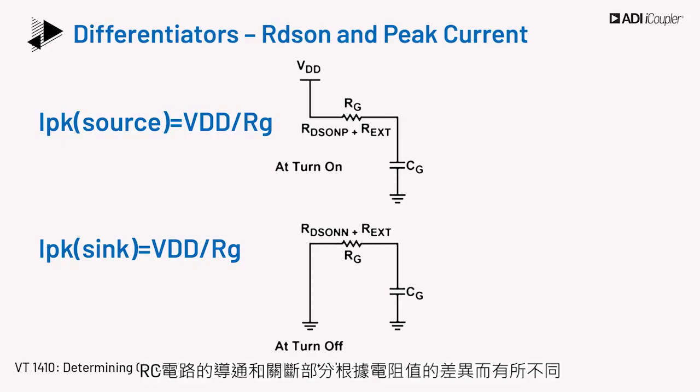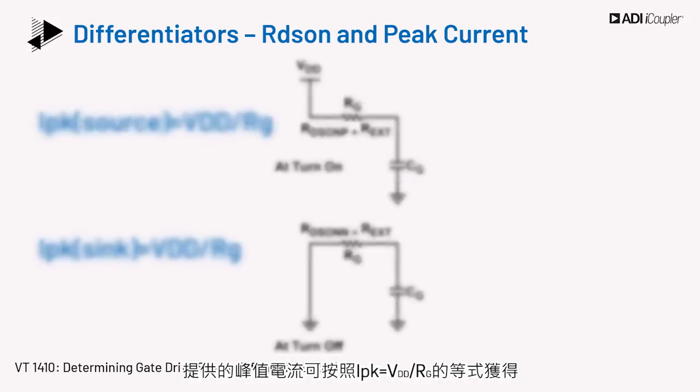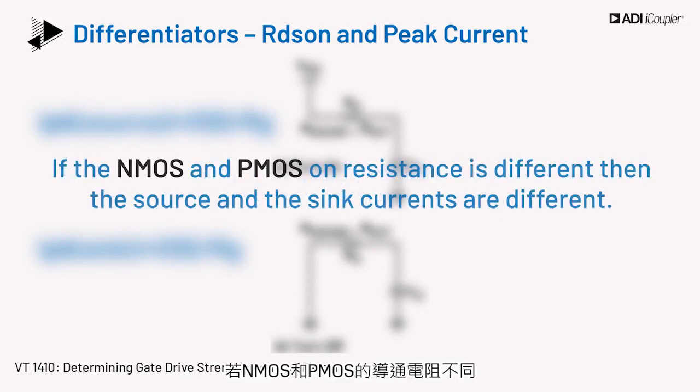The RC circuit for turn-on and turn-off is different depending on the value of the resistance. The peak current delivered can be obtained as IPK equals VDD/RG. If the NMOS and PMOS on resistance is different, then the source and sink currents are different.